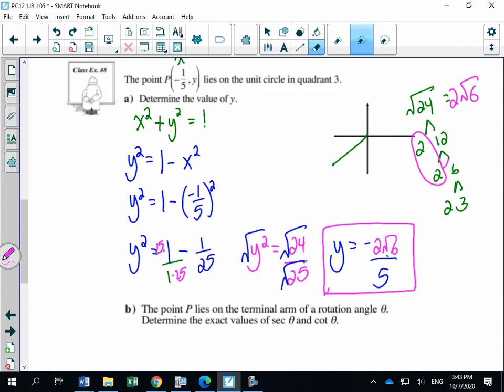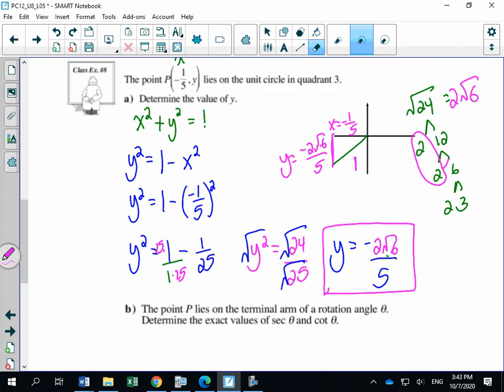That's what my y coordinate is. So on my unit circle, this radius would be 1, my x coordinate is negative 1/5, and my y coordinate is negative 2 root 6 over 5. That's what my y is.